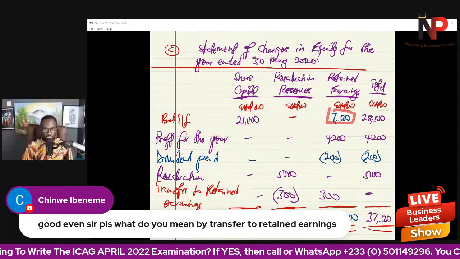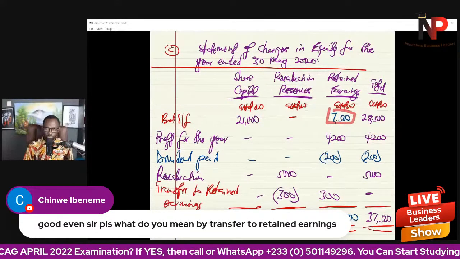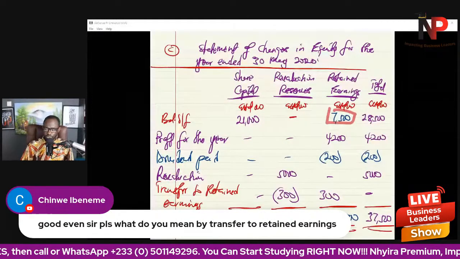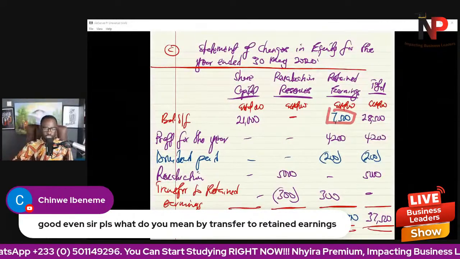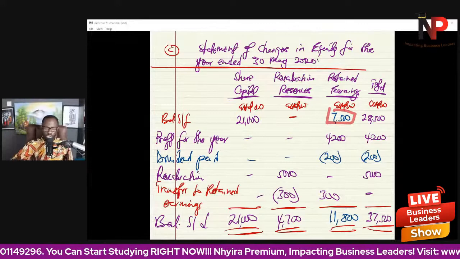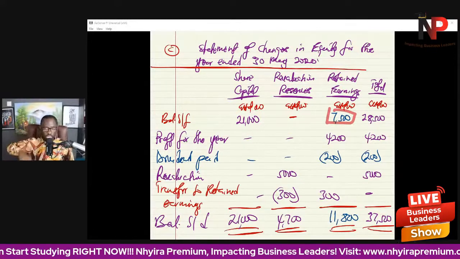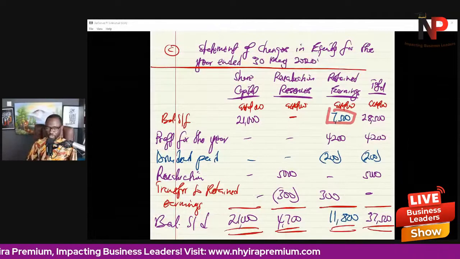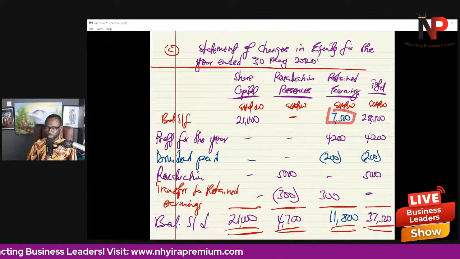Chinwe said, good evening, sir. Please, what do you mean by transfer to retained earnings? According to IAS 16, if we depreciate an asset or revalue an asset, and there is an excess revaluation, more depreciation will be calculated. So the shareholders must be compensated.